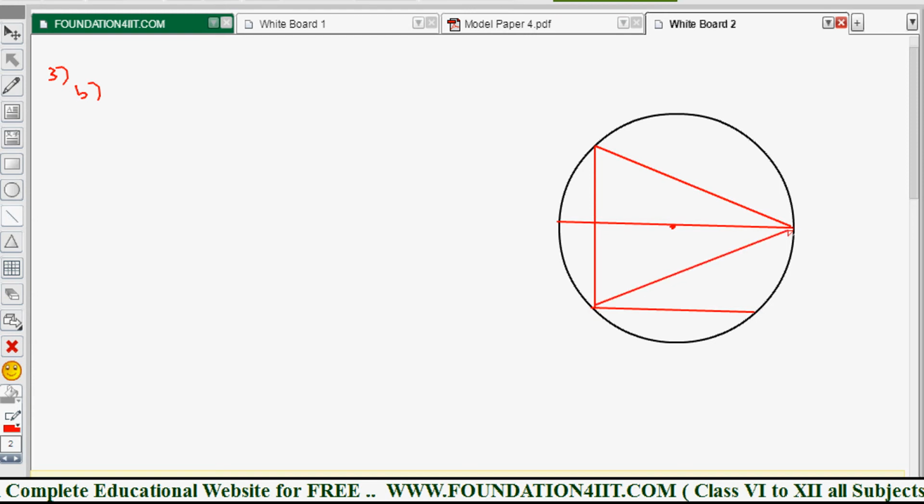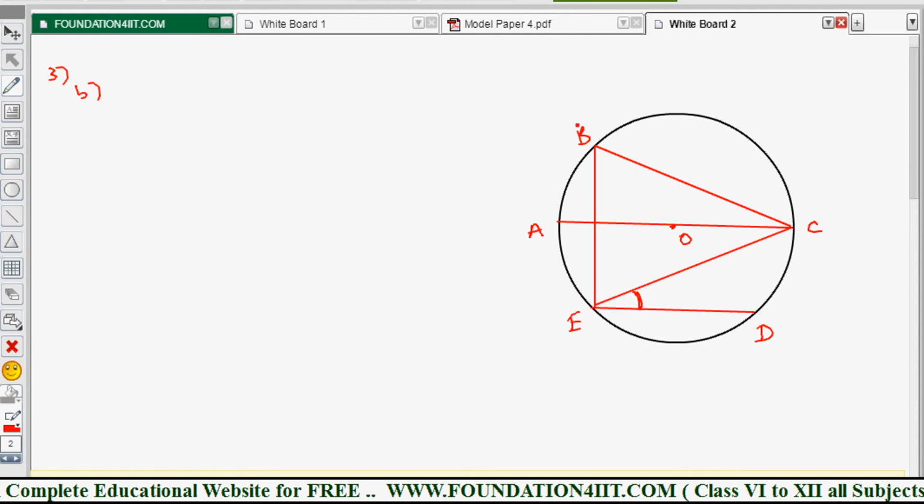So this is the given diagram. Let us name the letters A, B, C, and O, E and D. So we need to find out angle CED.